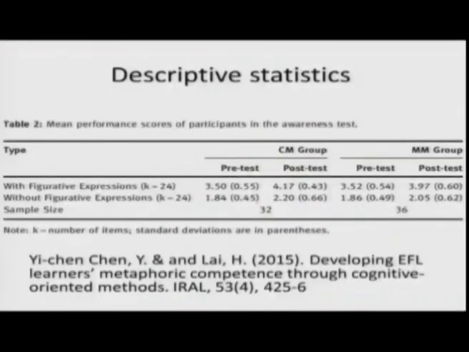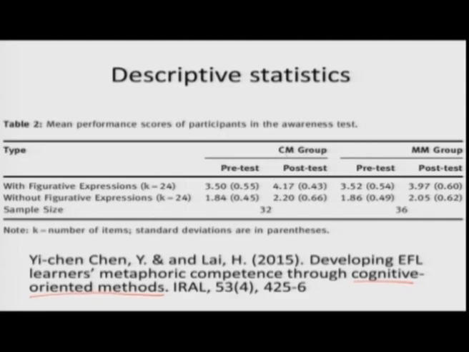This is from a paper, developing EFL learners metaphoric competence through cognitive oriented methods. There were 2 groups, control group and experimental group. With one group they used cognitive oriented methods, that was the experimental group.